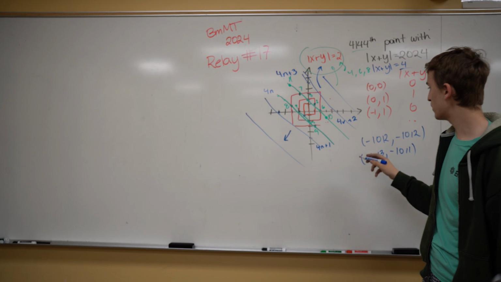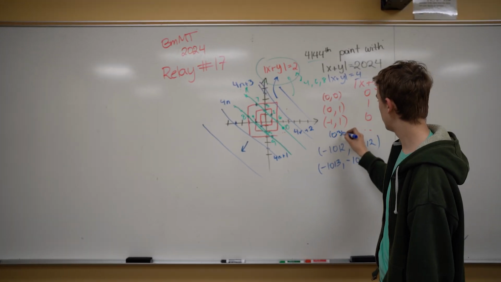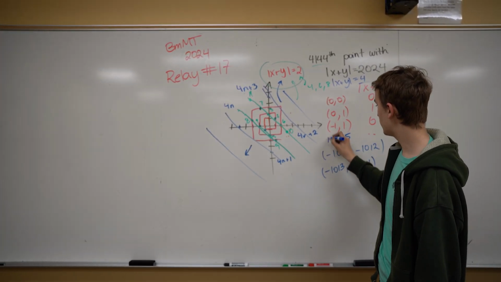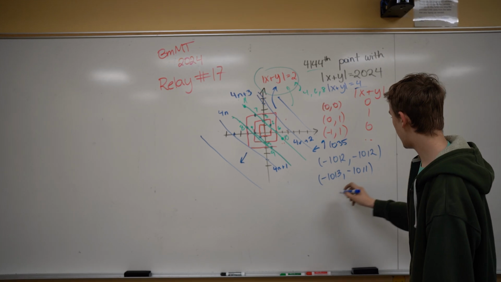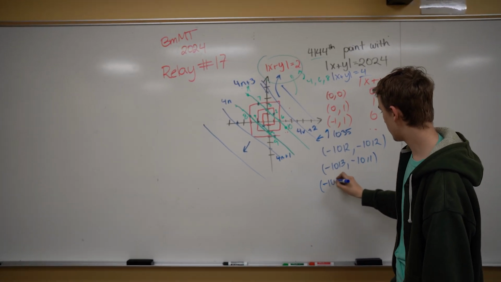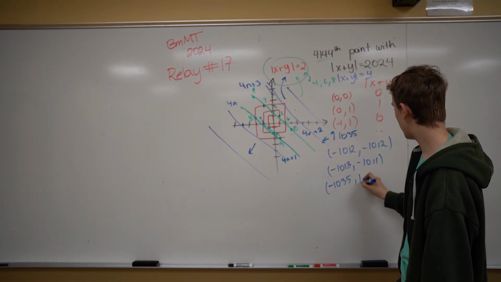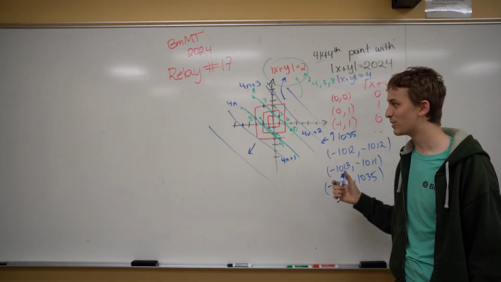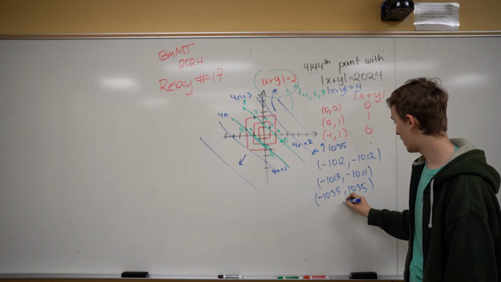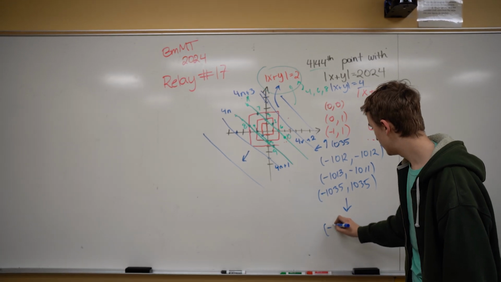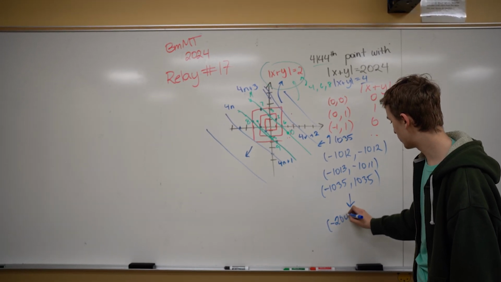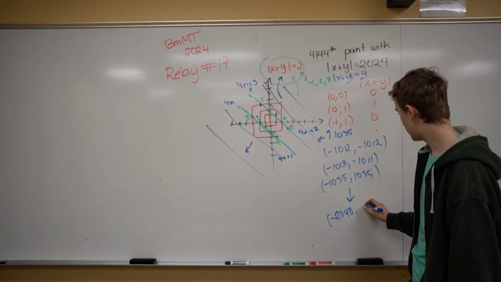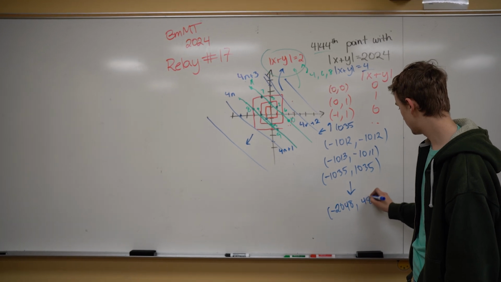And just as before, we need to take 1,035 steps up and to the left. So we need to add negative 1,035, positive 1,035 to this to get to the 4,144th intersection. So adding these gives us negative 2048 and positive 48.